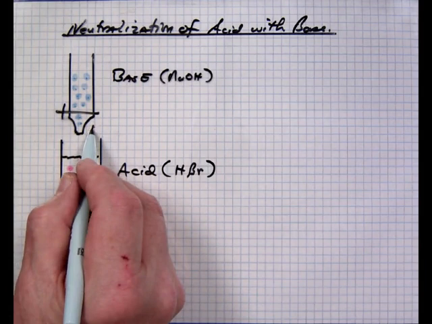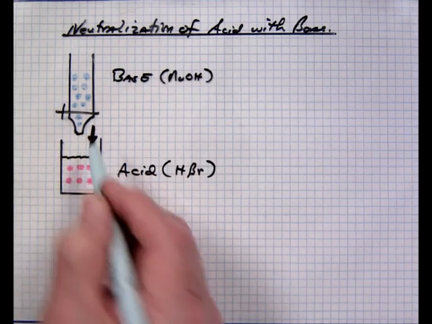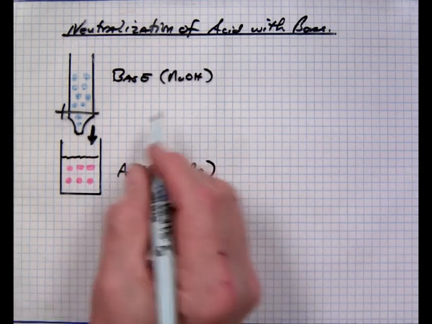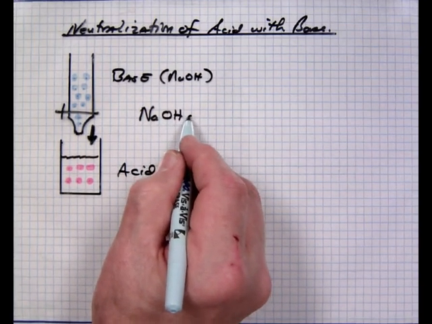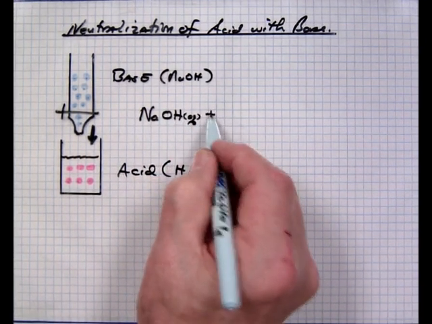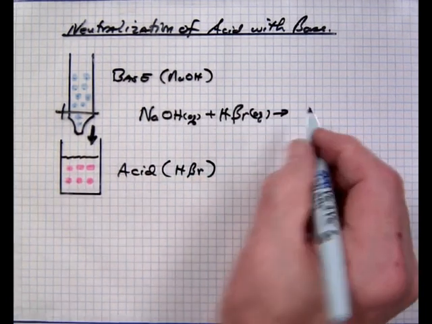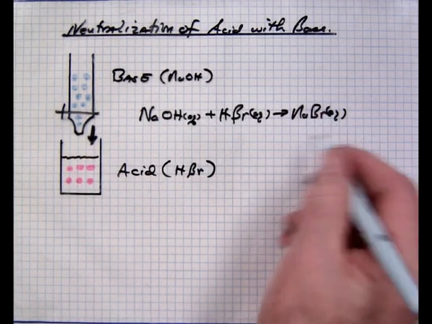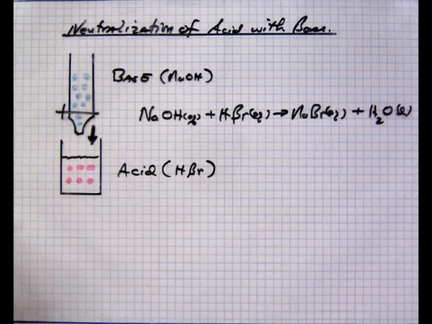The intent is to add some of the base into the acid and neutralize it. Now we are adding sodium hydroxide, aqueous, into hydrobromic acid, aqueous, and when we do, we produce sodium bromide, aqueous, which is a salt, plus the weak electrolyte, in this case water.